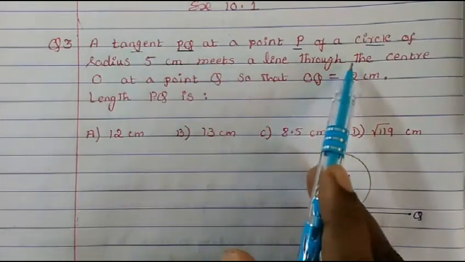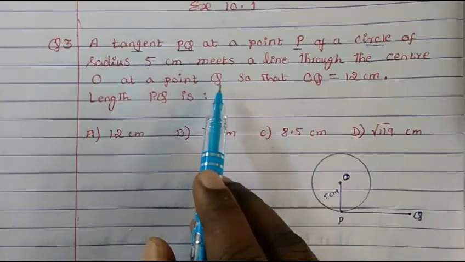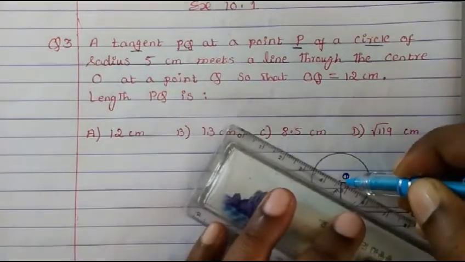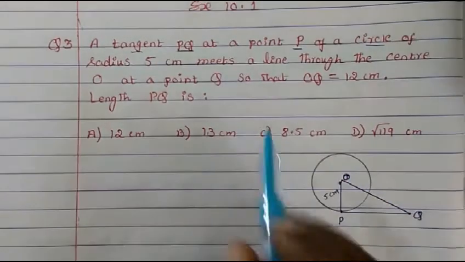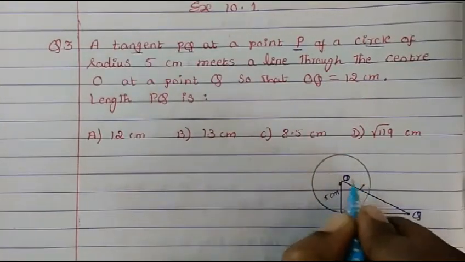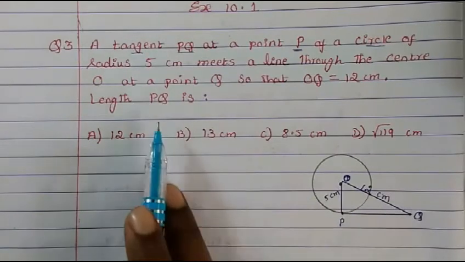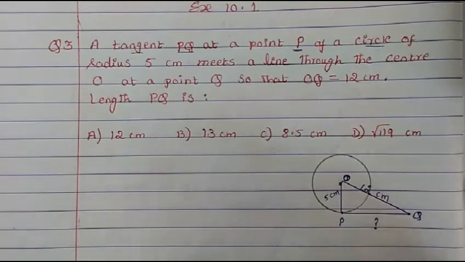This radius through the center O meets the point Q, so that OQ is equal to 12 cm. Now what we have to find out? We have to find out PQ.